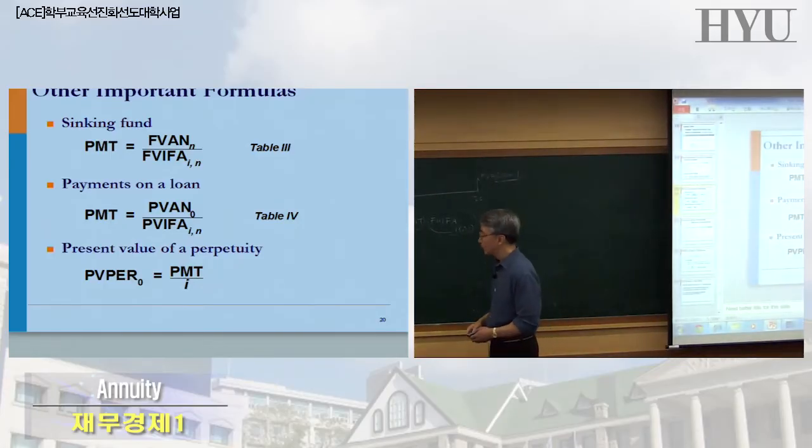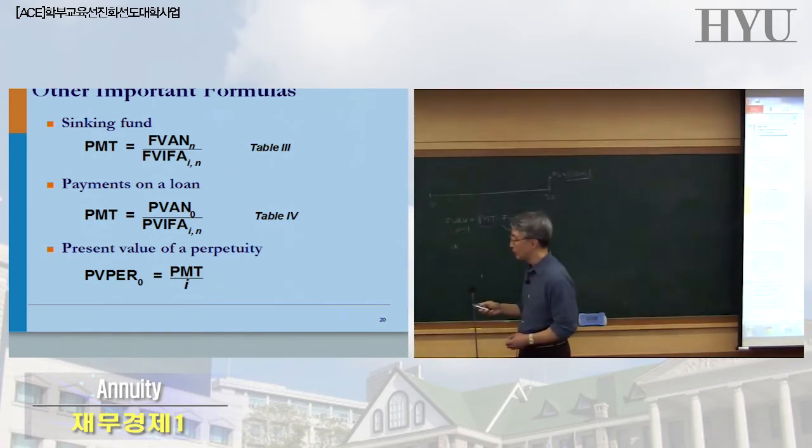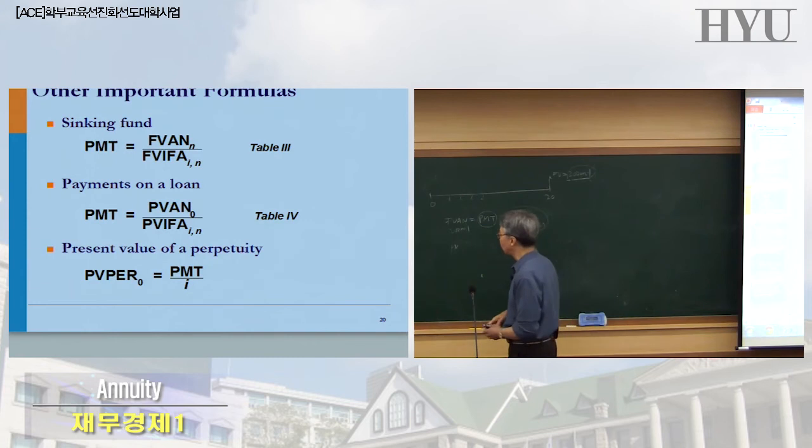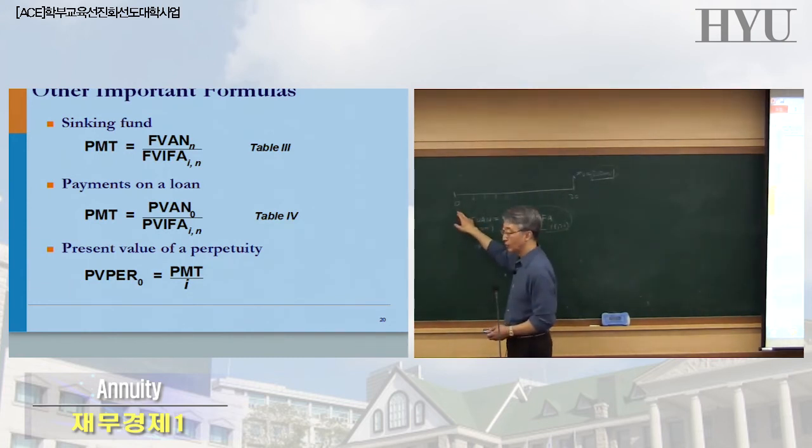Of course, if you use a calculator, it's a lot easier. In order to calculate payment, you're going to put in the future value, the number of periods and the interest rate. And then probably you need to set the present value as 0.